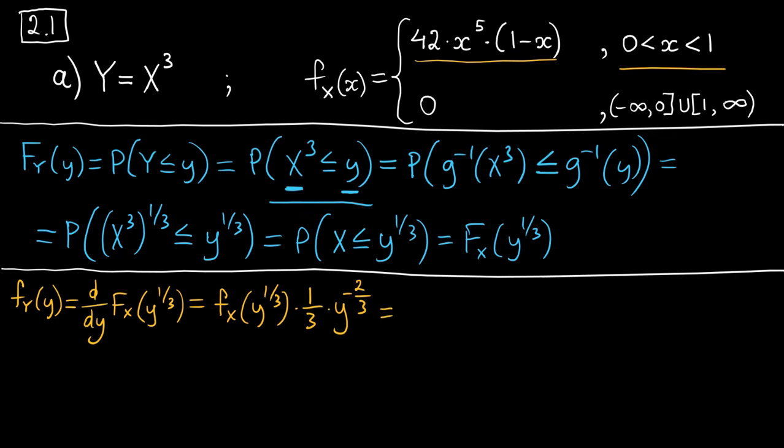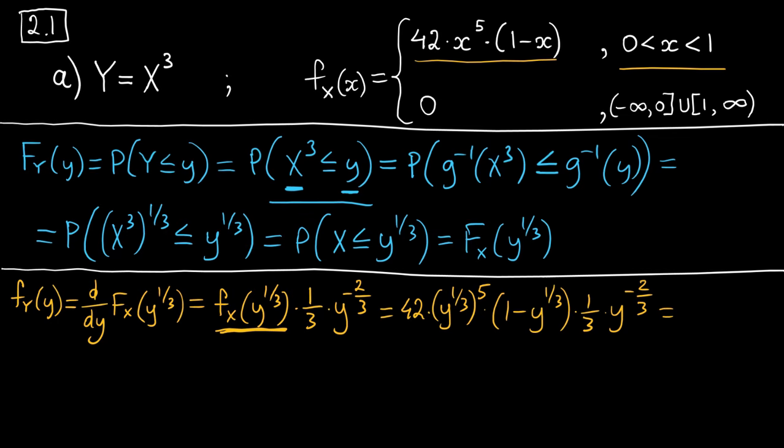So we get 42 times, instead of x to the power of 5, we'll have y to the power of 1/3, the whole thing to the power of 5, times 1 minus y to the power 1/3, times, okay, so we're done with just this expression here, the PDF evaluated at y to the power of 1/3. We still have 1/3 left, and we still have y to the power of minus 2 over 3 left.